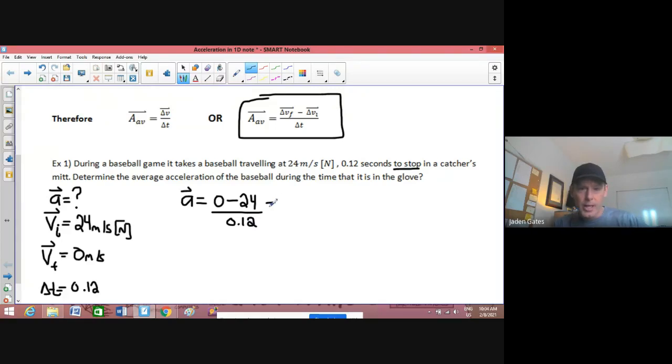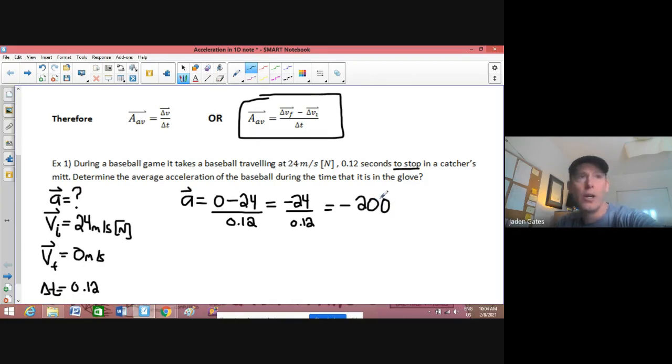And let's see here. On the top, that's just going to be a minus 24. 0 minus 24 is minus 24, divided by 0.12. And when I take those two numbers and divide them, I'm getting a minus 200.